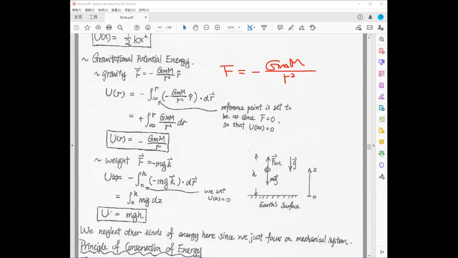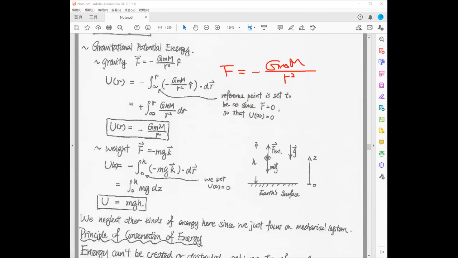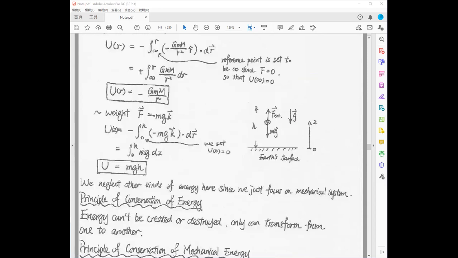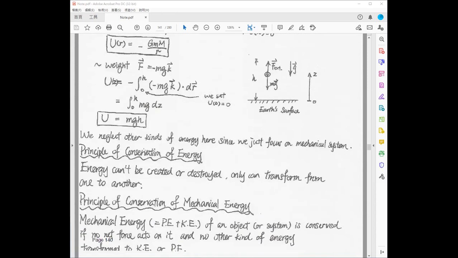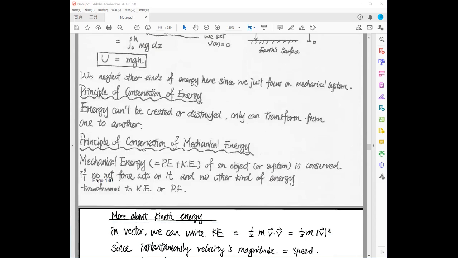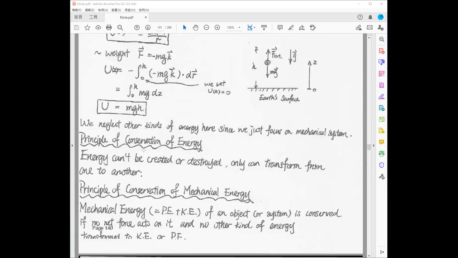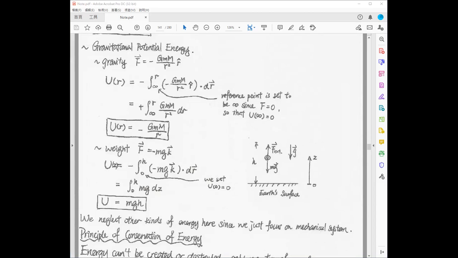The potential energy the object gains will be just mgh, the force times displacement.